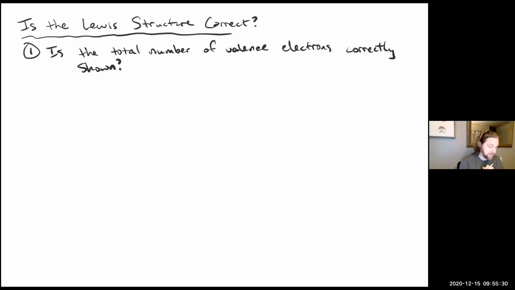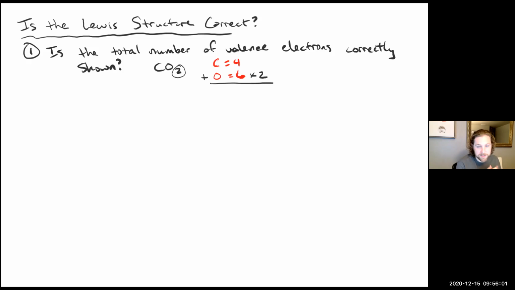For example, if I have a compound like CO2, and I want to know how many total electrons I should be drawing, how many valence electrons are involved here. Well, each carbon has 4 valence electrons. Each oxygen has 6 valence electrons. But because we have 2 oxygens, we're going to multiply that 6 by 2. And we're just going to get a total.